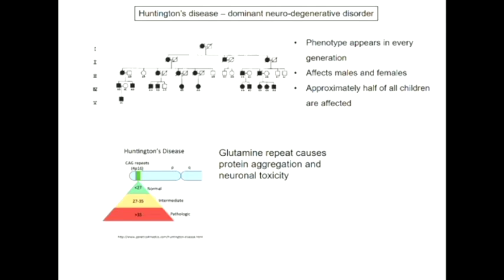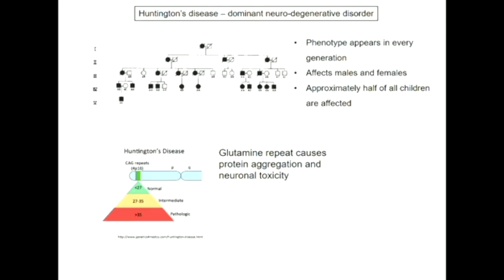In other words, the phenotype appears in every generation. It affects males and females equally. It's an autosomal disease. In other words, it's not located on an X or Y chromosome. And approximately half of all offspring are affected. That's Mendel. That's Mendelian genetics. Predictable transmission of a phenotype.